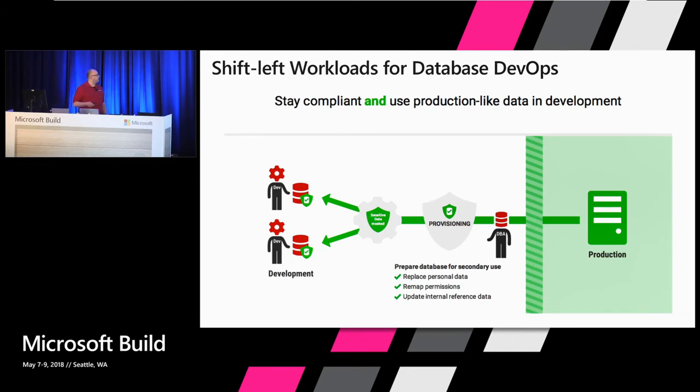They require thought and effort, sometimes training. So in this workflow, we're going to take a production database, we're going to put it through our provisioning system. We're going to prepare that database for secondary use by replacing personal data with generated or sample data. We're going to do some other operations like remapping permissions, which of course pretty much everyone ought to be doing in that workflow.